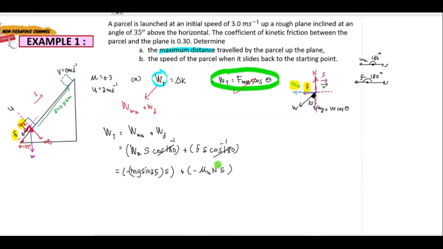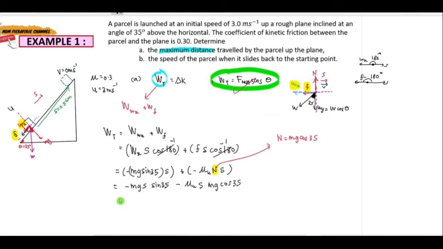So tadi kita dah kira kan, the first part where n is equal to mg cos 35. So we can substitute here. Kita cuba rearrange the equation. So kita akan dapat negative mg s sin 35 minus mu k mg, saya letak mu k s. Saya susun balik, mu k s, n adalah mg cos 35.